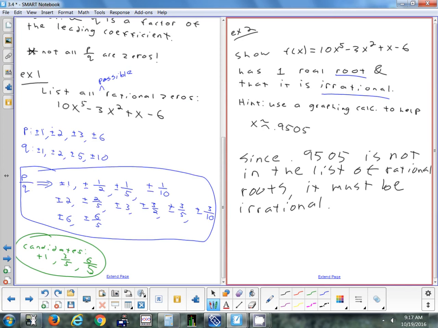Okay, so any questions on that? So when we do some of these problems later today, there's not going to be as many possibilities. That's the largest one that we do in every example in class. And there's nothing that many on the test either. But that's how you do the rational root theorem.